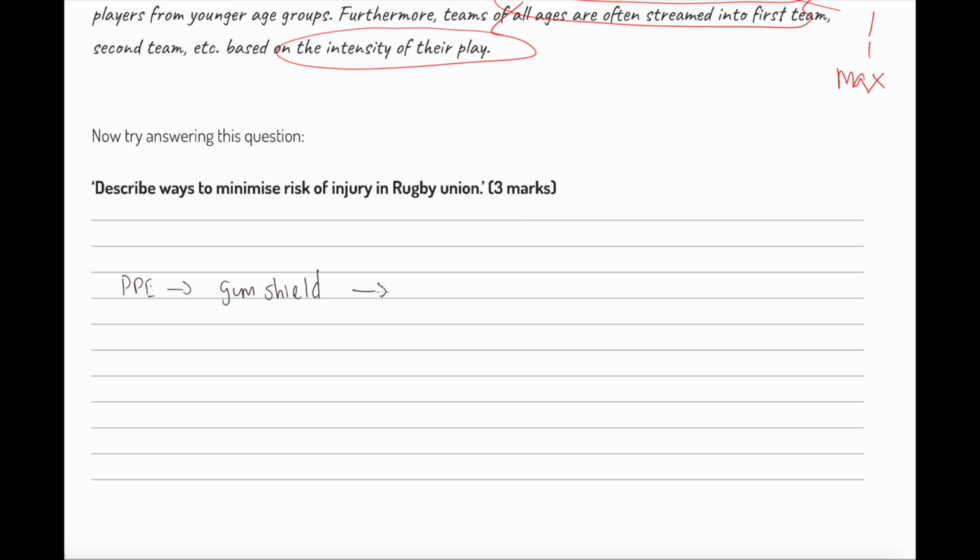So I would like this to be prevent damage to teeth, during collision or during a tackle, or it could even be something accidental, right? I could say during accidental head collision. So that would be like my first point.